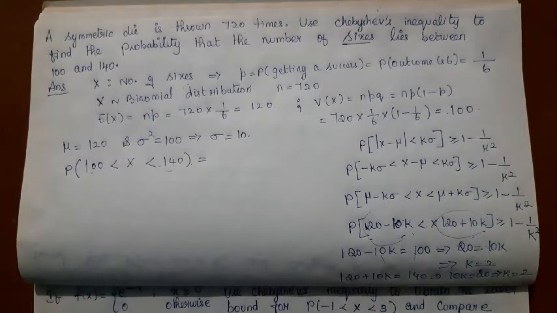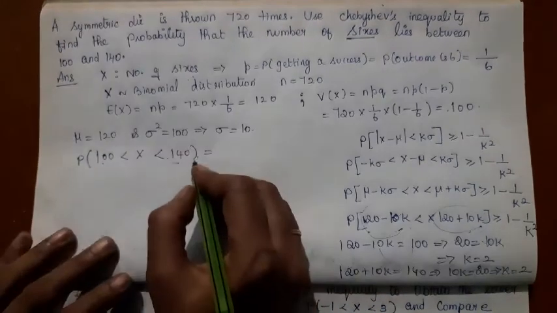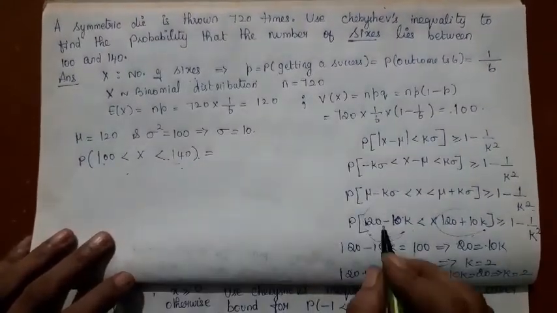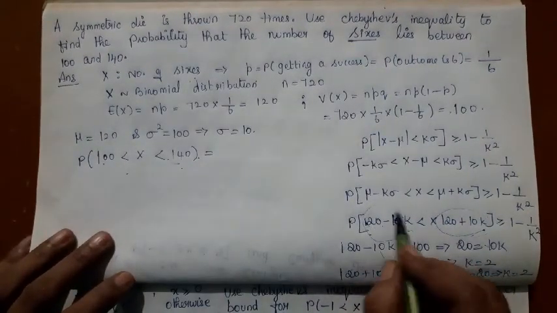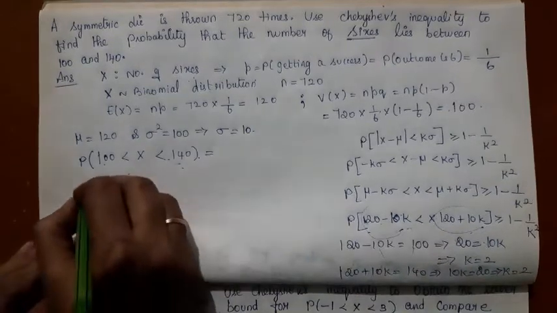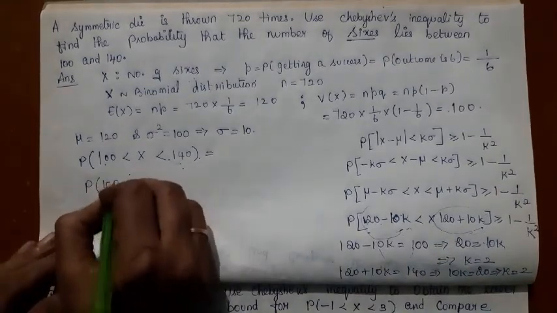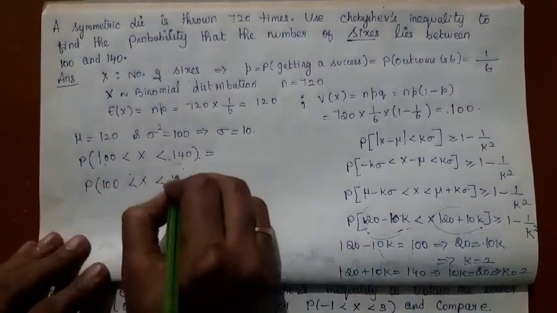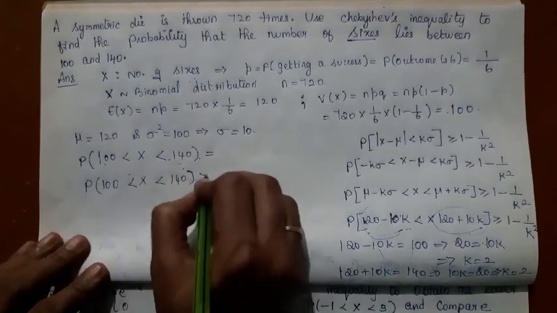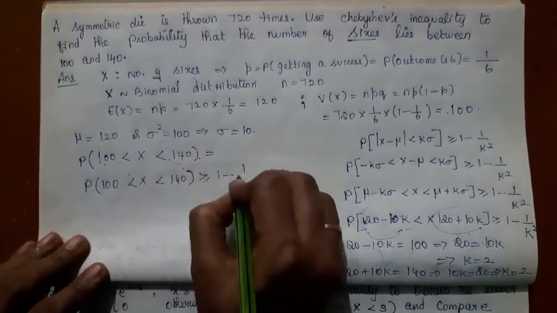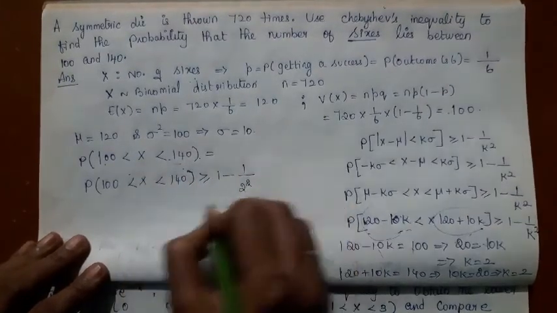It gives only a limit value for the probability. It cannot give the exact probability. Chebyshev's inequality cannot give you the exact probability. Now k is equal to 2. So if you put k equal to 2 here, you get probability of 100 less than x less than 140 is greater than or equal to 1 minus 1 by 2 square.